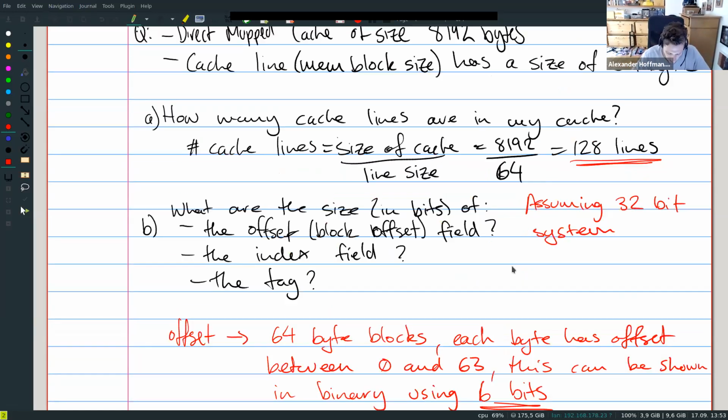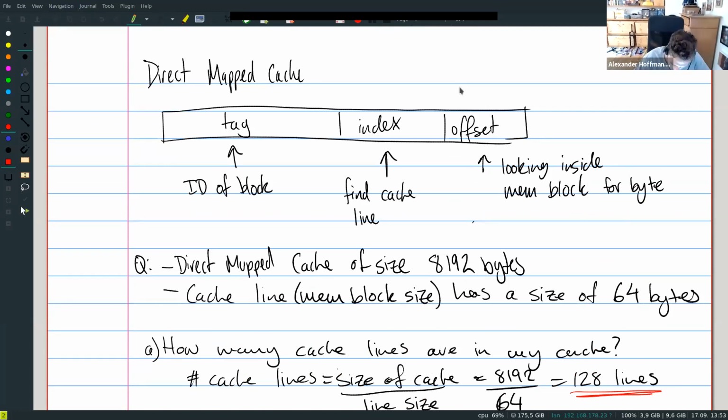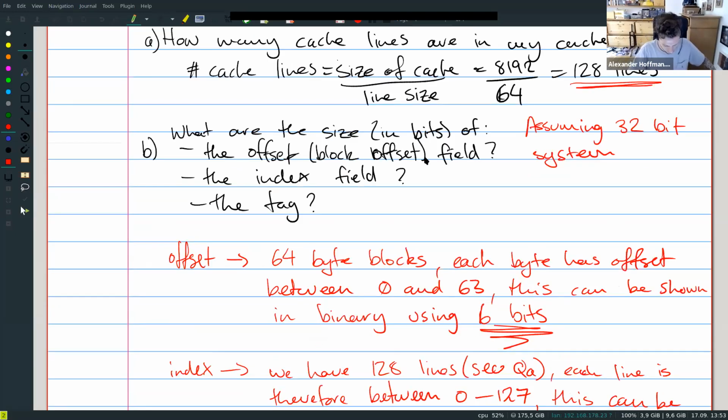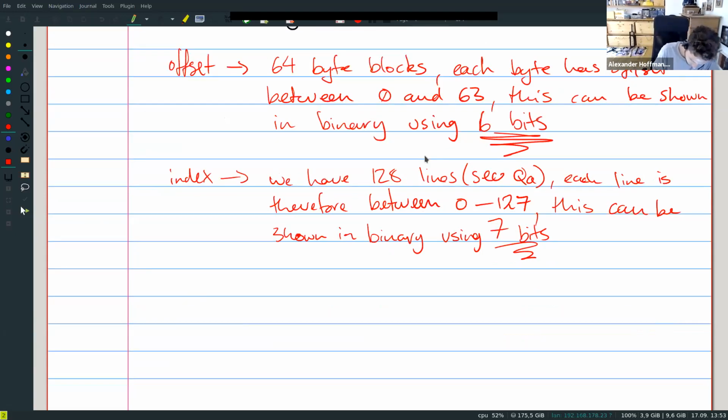So we know that we have 6 bits here and 7 bits here. This is a 32-bit address, and so now hopefully all of you can see how big the tag has to be. It's literally just the remaining bits.